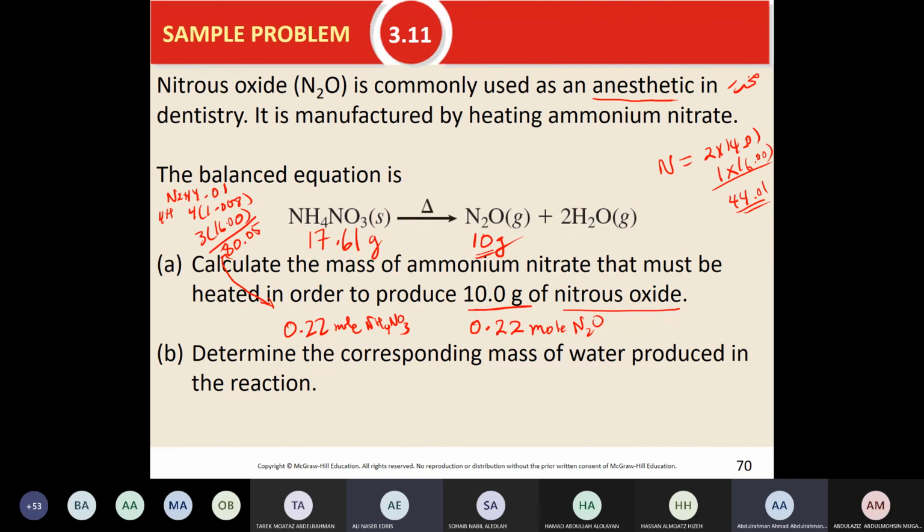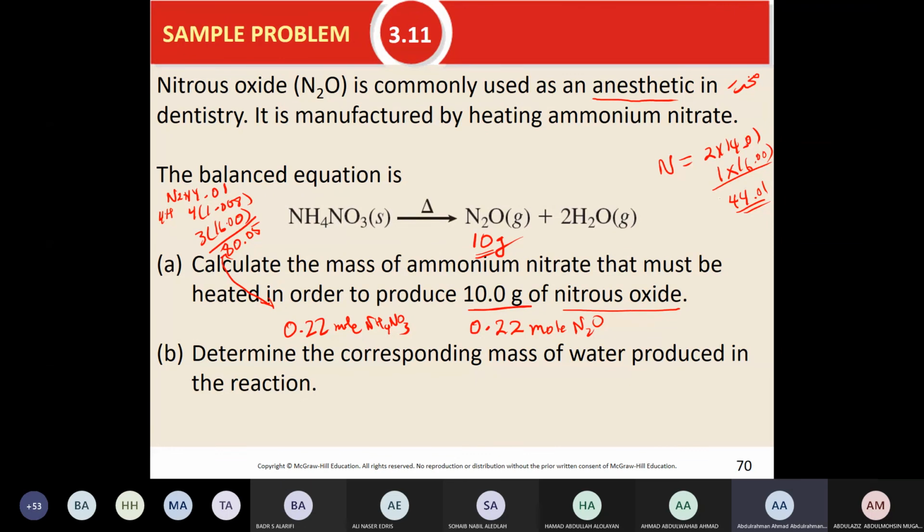Yes, it's not 17, that's why I'm saying. Maybe because of the rounding. The mole is supposed to be 18.169. I got 17.61. Yeah, just a second. Let's do it one more time.